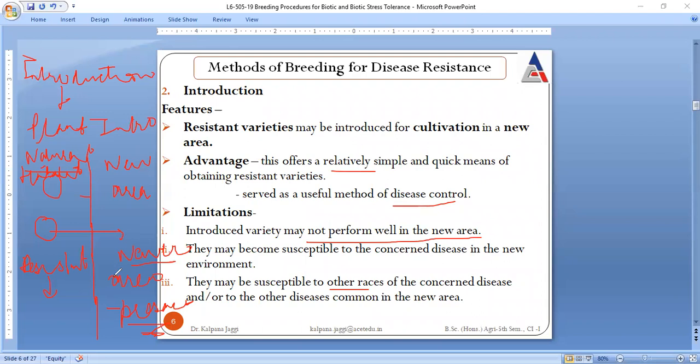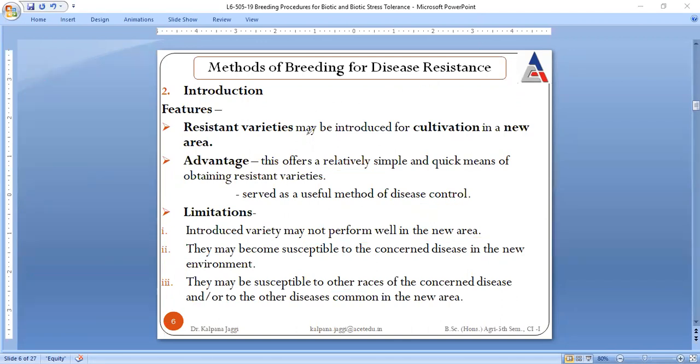Then there may be diseases concerned to certain plant species, and it may be affected by those, and also by diseases that are the result of other races, right? So this is all about introduction, where we create resistant varieties by introducing them from their own area to a newer area, but transferring the variety to the newer area itself has many problems.